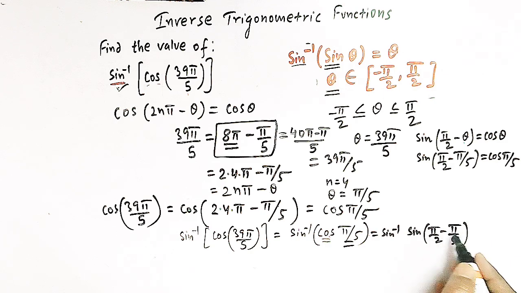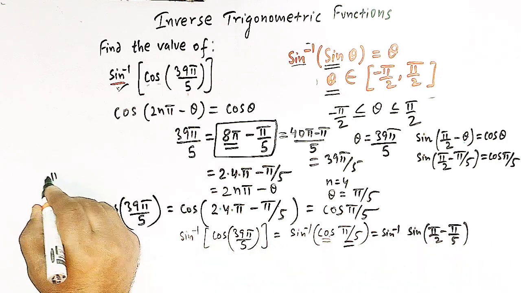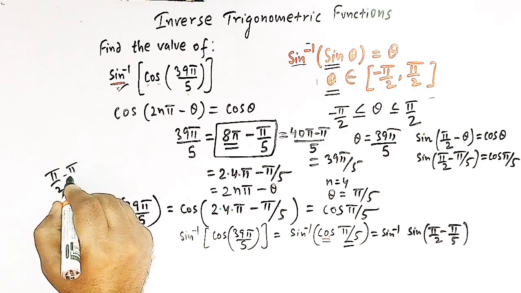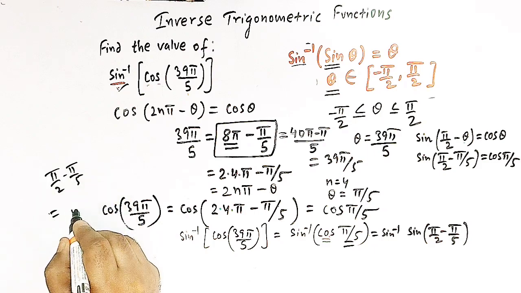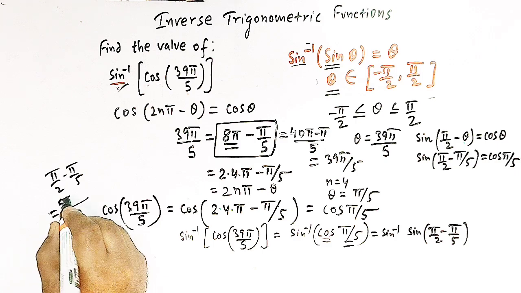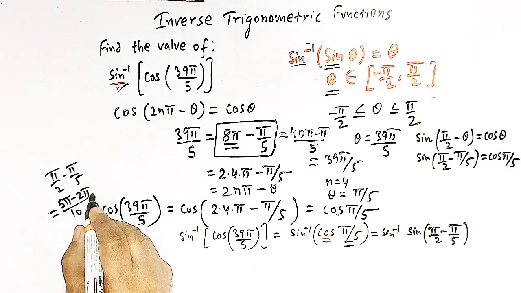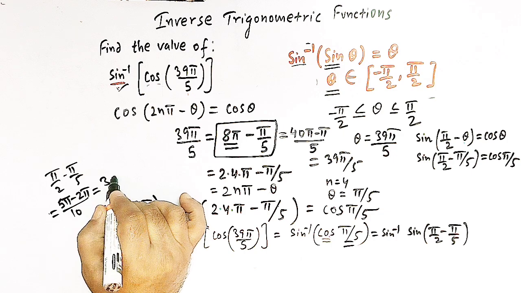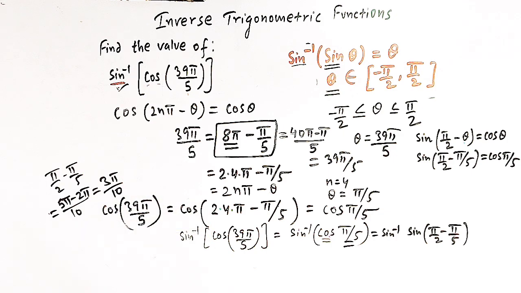So now if we solve pi by 2 minus pi by 5, then here we have the LCM as 10, and here we have 5 pi minus 2 pi, that is 3 pi over 10. So now we have here sine inverse and sine 3 pi by 10.